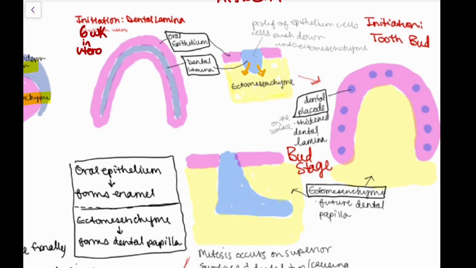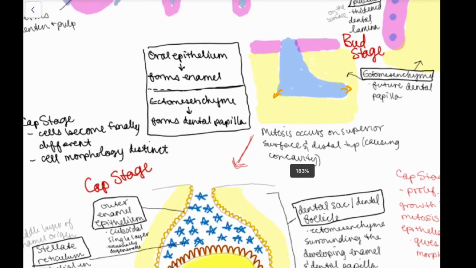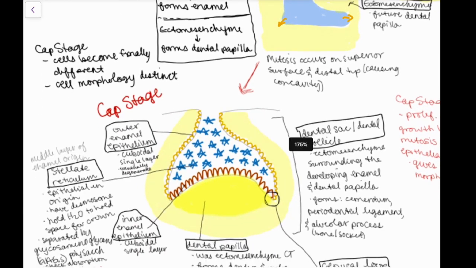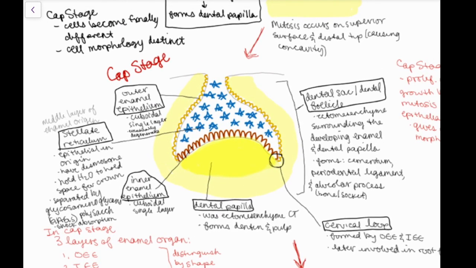Then the proliferation of the epithelial happens on the superior border and at the tip ends. So they will start tipping and forming our cap. So once again, in the cap stage, we get our three distinct cell layers: the outer enamel epithelial, the inner enamel epithelial, the stellate reticulum, which is basically the water space, the cytoplasm, if you want to think about it, that provides the space for the cells to grow.